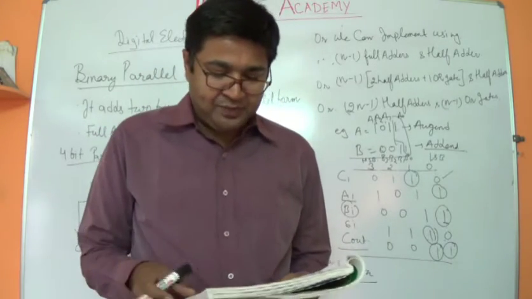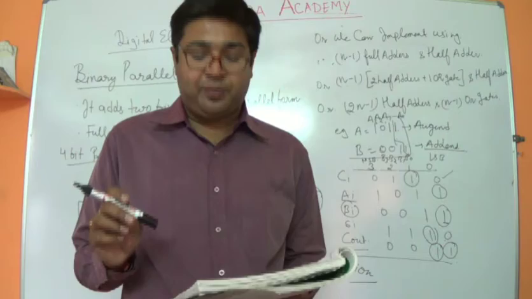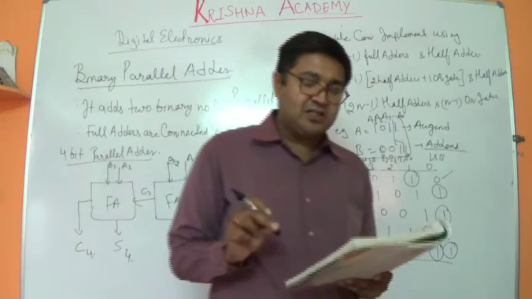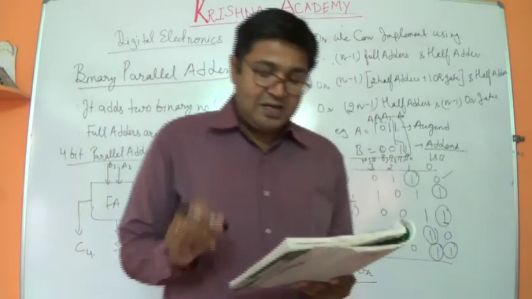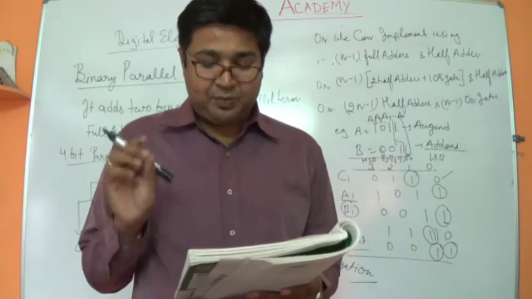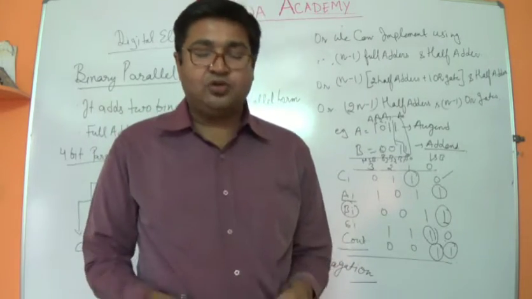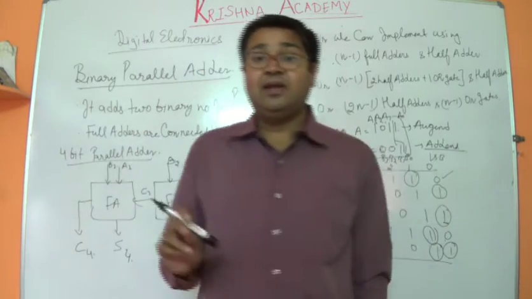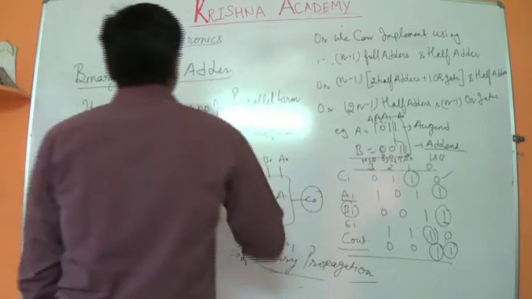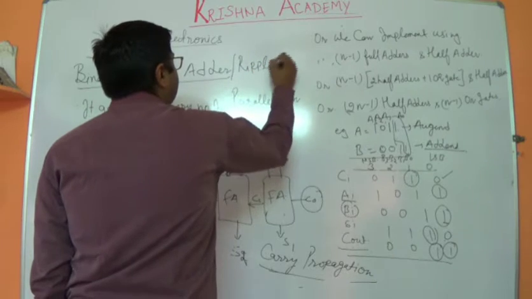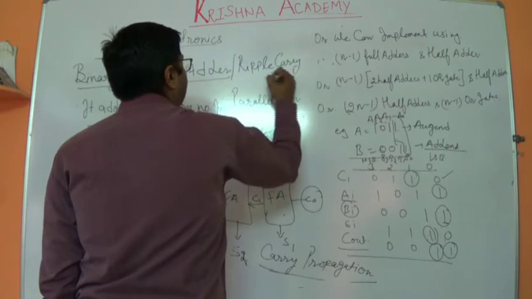There is a time delay, and the carry propagation delay is the time between the application of the carry in and the occurrence of the carry out. In a parallel adder, this propagation delay is present from input carry to output carry, so it is called a ripple carry adder.